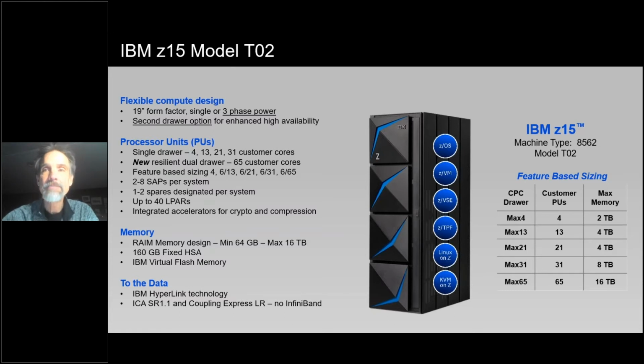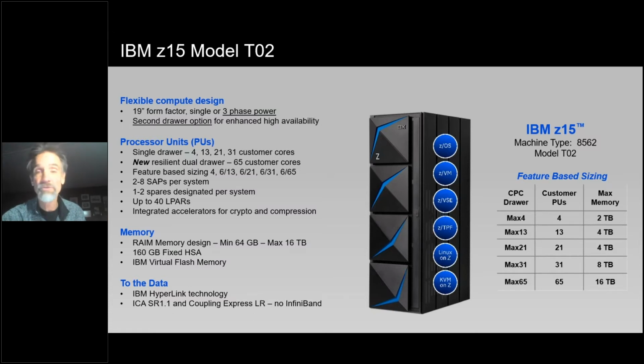Since the ZBC12, I believe, you've been able to characterize up to 6 of those engines for general purpose workload. That's the case with this one. And other engines that are, for instance, on a Max 13, you can have 6 of those be general purpose engines.